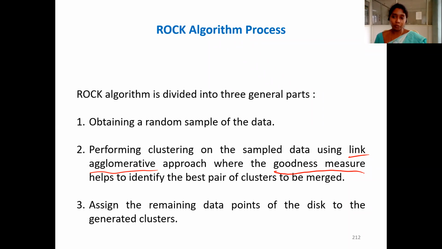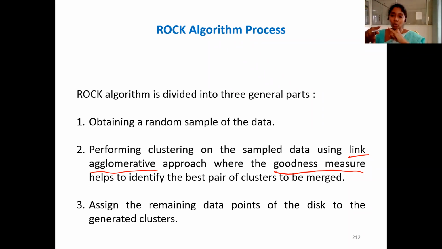Like that, here also we go with the link agglomerative approach, and we need to merge the best pair of clusters. That best pair can be identified through the goodness measure. And after having a good number of clusters, what is the third step? We need to assign the remaining data points of the disk to the generated clusters.